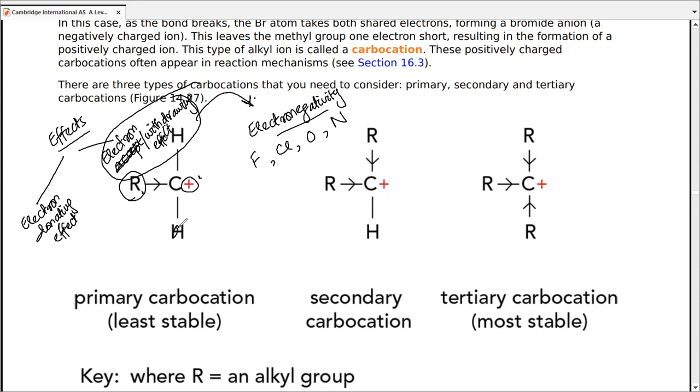So if the H were not present over here and this was Cl, we can draw the arrow towards this side. This would try to drag the shared pair of electrons towards itself and become negative. So any alkyl group has an electron donating effect, the opposite of what electronegative atoms do.